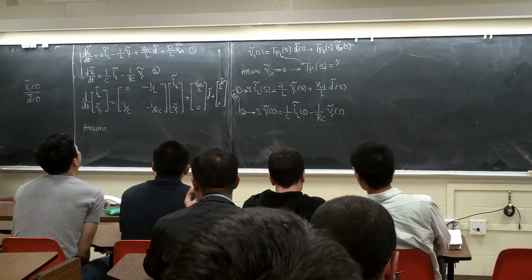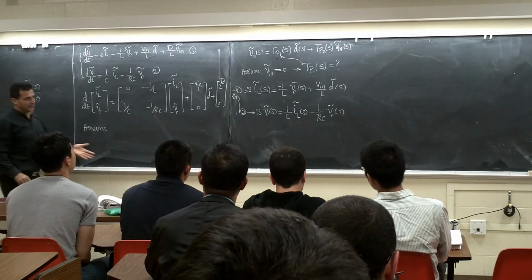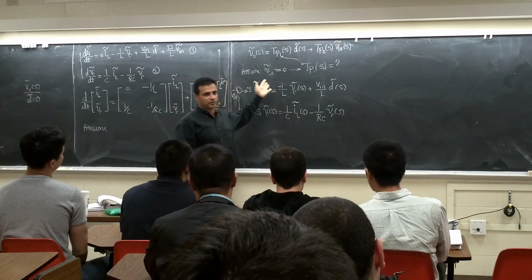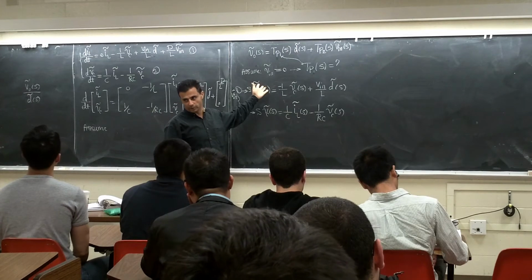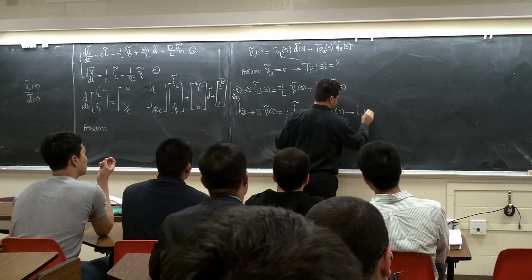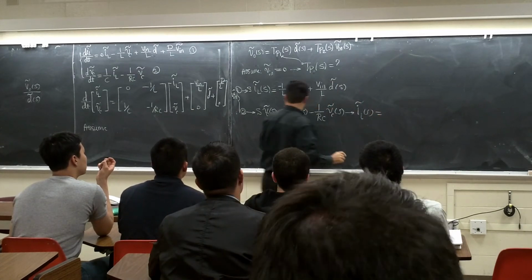What should I do here? I should find the iL, for example, from this equation, and substitute in the top equation, right? How much is iL tilde(s)?